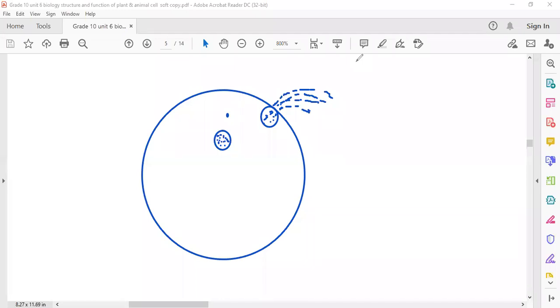So around the Golgi complex, you will notice several ball structures. If it is happening in the eye, tears will come out in this manner. If it is taking place in the skin, sweat will come out in this manner. So the Golgi is very, very important for secretion. Are you clear?